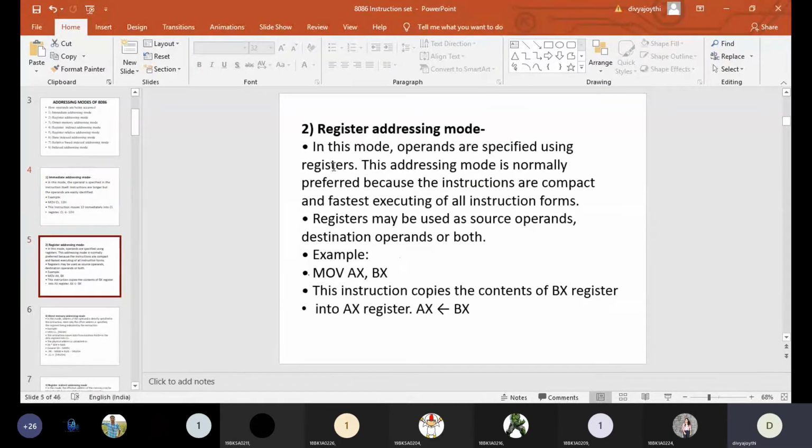But in register addressing mode, as the name itself says, the data is stored in one particular register, and from that register it is transferred to the destination register.